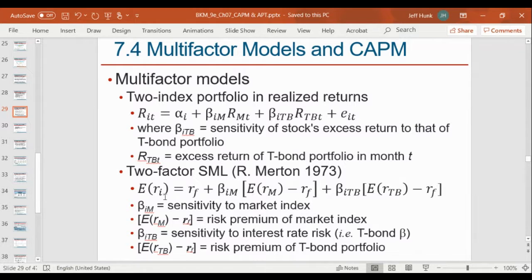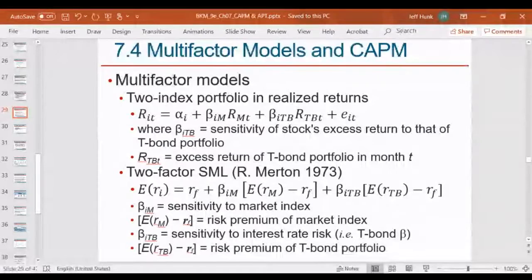And if you move this to the other side, it will be exactly the index model, right?